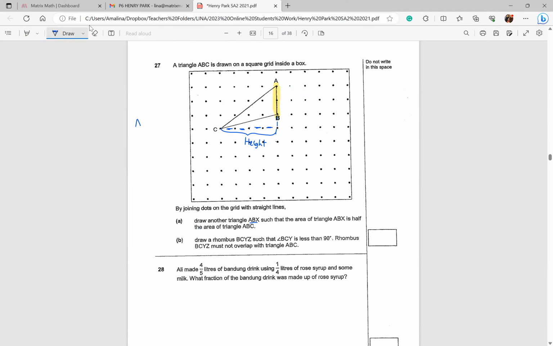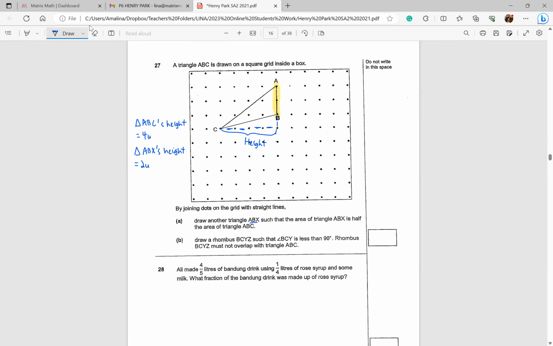So triangle ABC height is equal to 4 units. Okay, 4 units. If I want my triangle ABX's area to be half, it means my triangle ABX height must be 2 units.